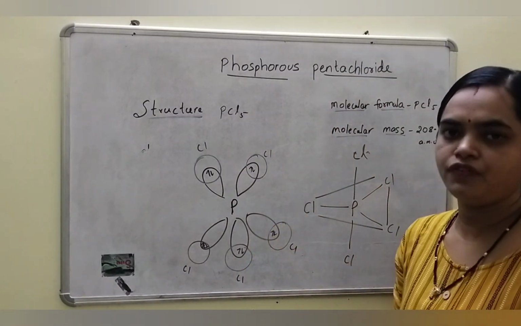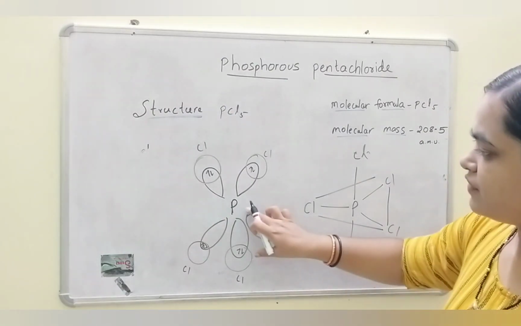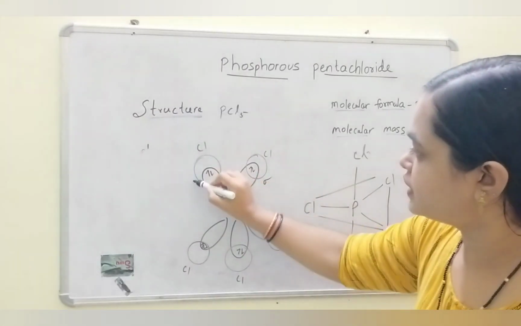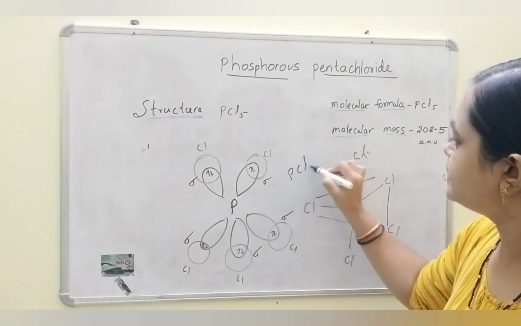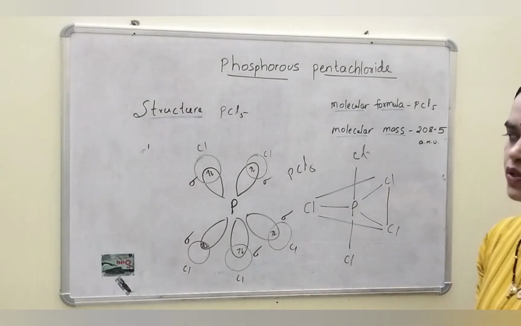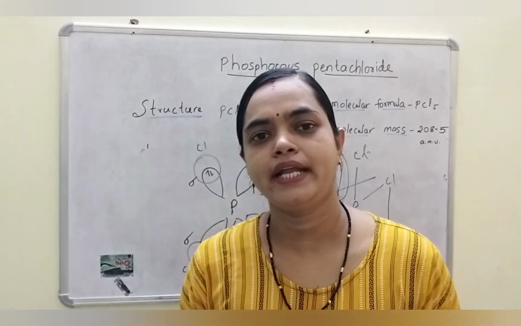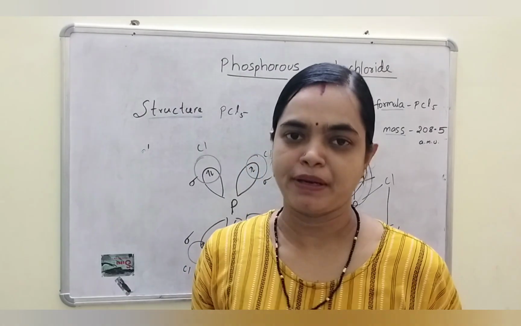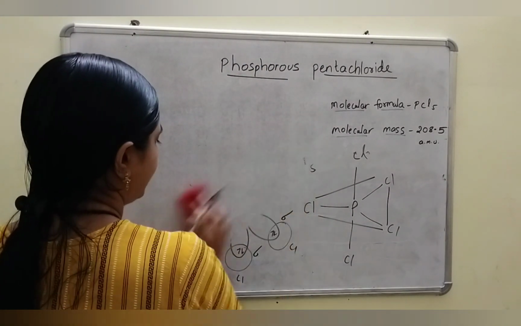So structure of PCl5 is trigonal bipyramidal. See, one phosphorus with 5 chlorines, they form sigma bonds to form the structure of PCl5. So this is the structure of PCl5, that is phosphorus pentachloride, and the next topic is how this phosphorus pentachloride is prepared.